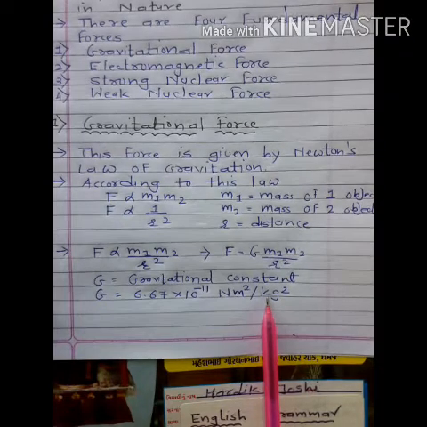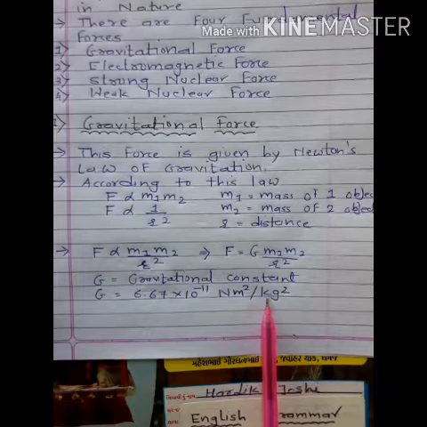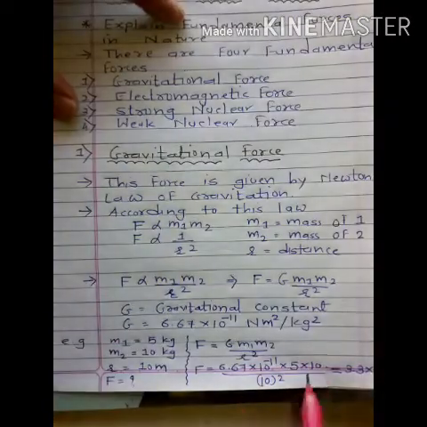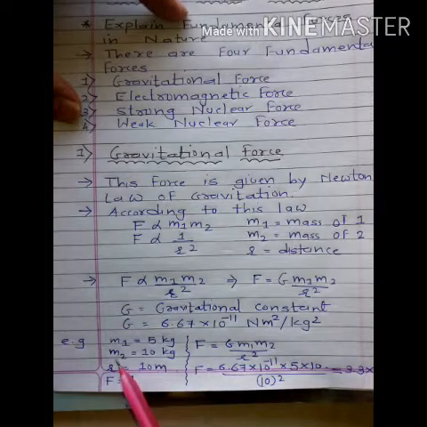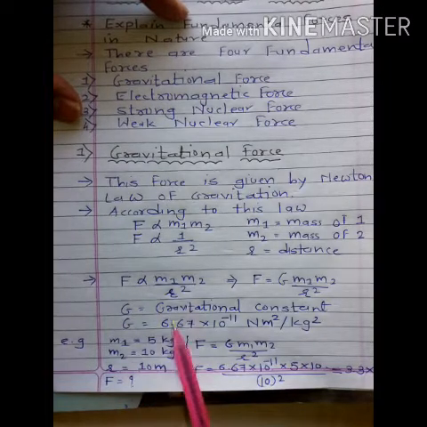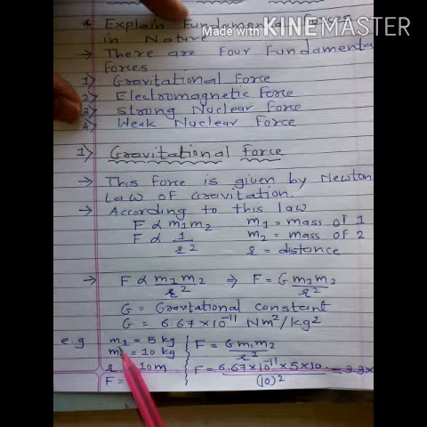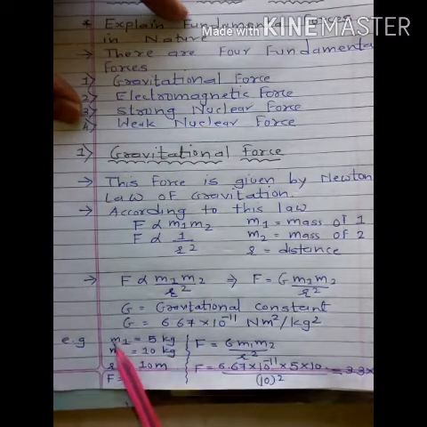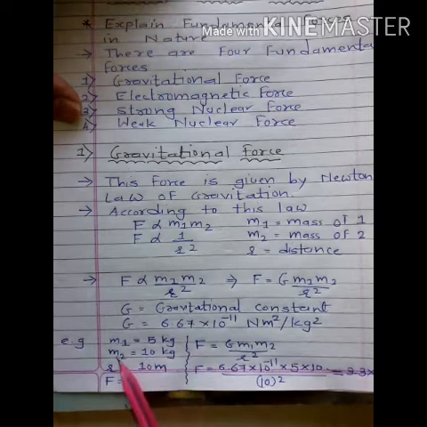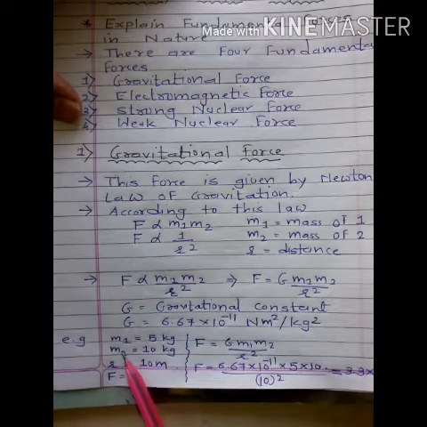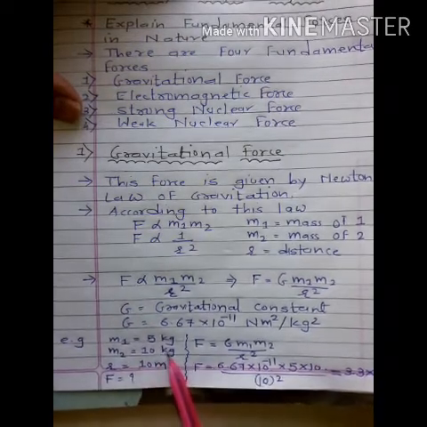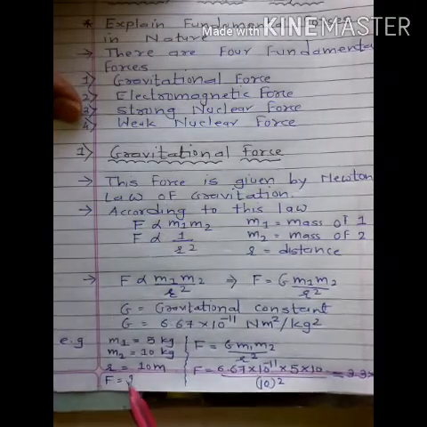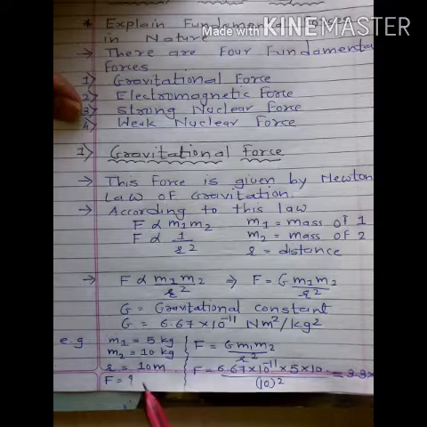Now here we explain a simple example of this equation. Suppose we have a first object having mass 5 kg, so m1 equals 5 kg. We have a second object having mass 10 kg, so m2 equals 10 kg, and the distance between them is 10 meter. Find the gravitational force between these two objects.